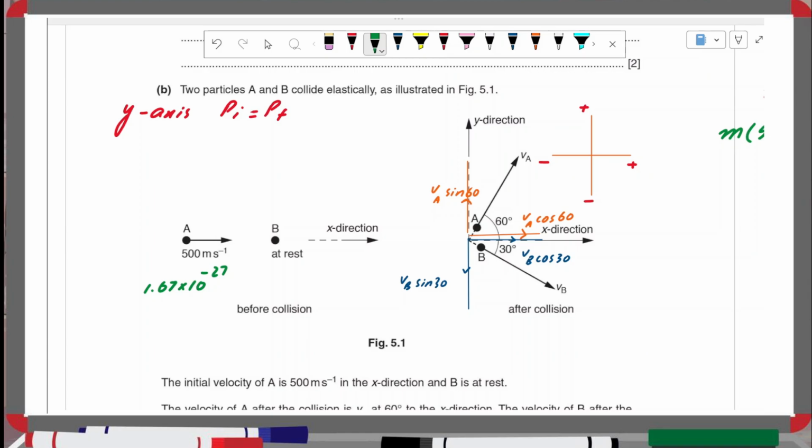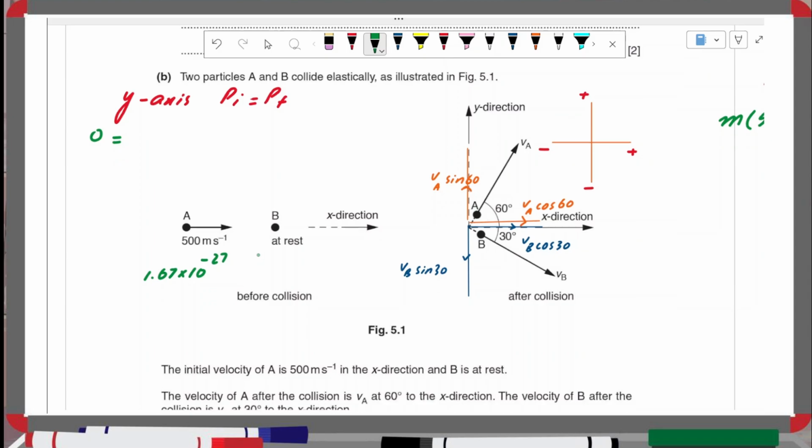Exactly, very good. You see, initially, neither of these two objects was moving in the y direction. B was not even moving in the first place. So forget about B. The entire velocity of A was in the x direction. So the initial momentum in the y direction is 0. And what was the total momentum after collision in the y direction? We already wrote down the expression for that.